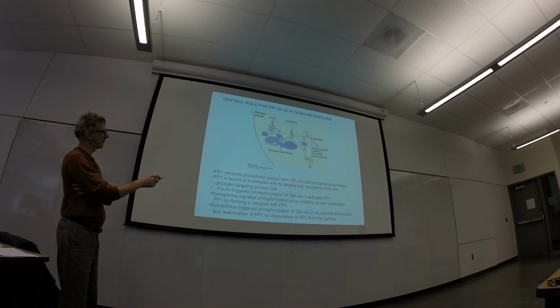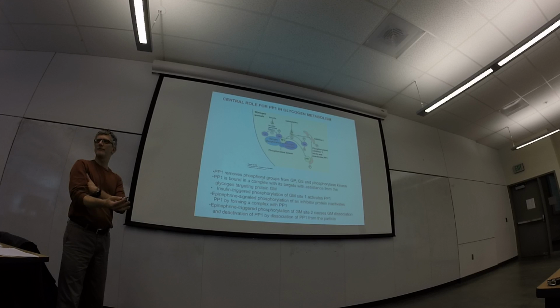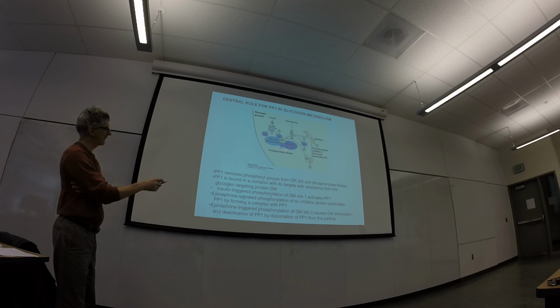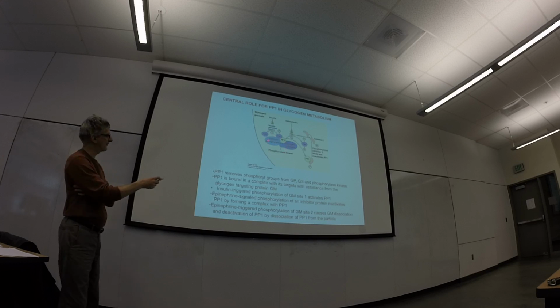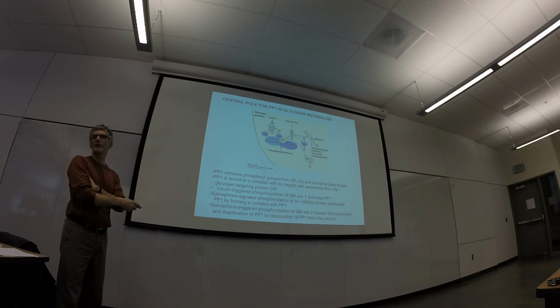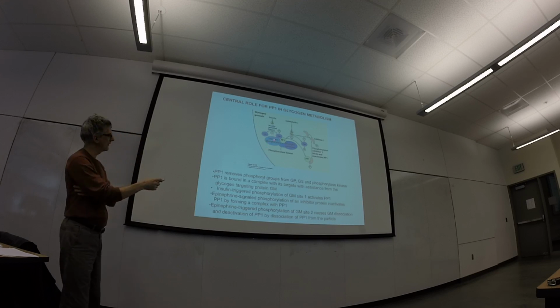It takes the phosphate off of glycogen phosphorylase, too, thereby inactivating it, which is also what we want. And it takes the phosphate off of phosphorylase kinase, thereby inactivating it, thereby causing this to not become activated, which is also what we want. You can go back to the cascade, but the dephosphorylation of all of these is what insulin wants.